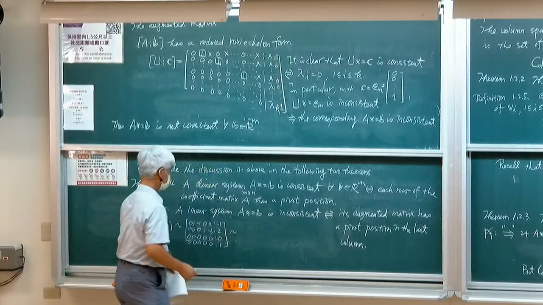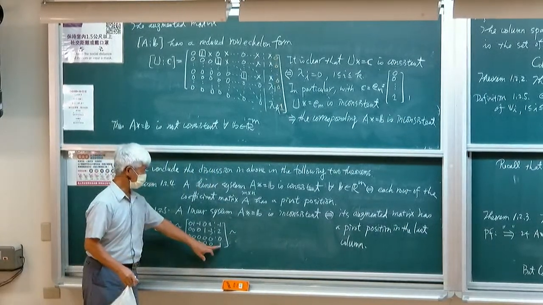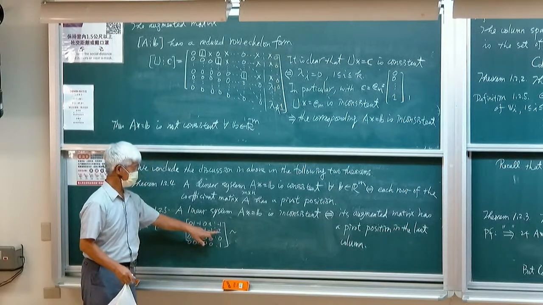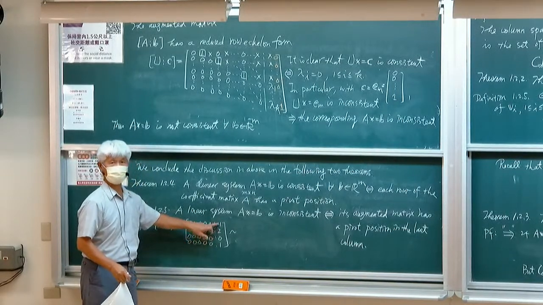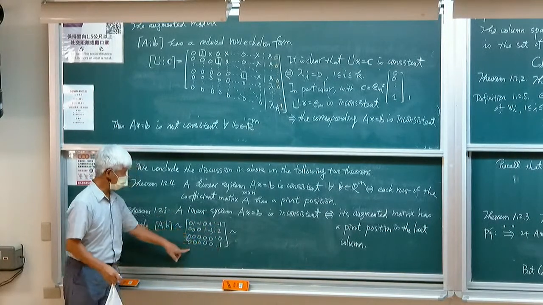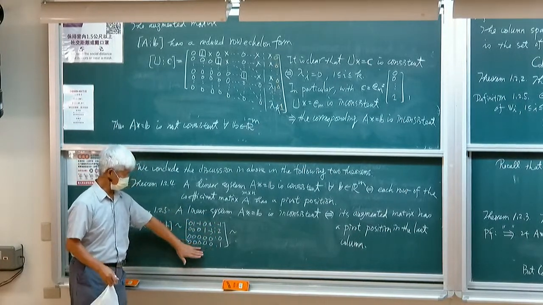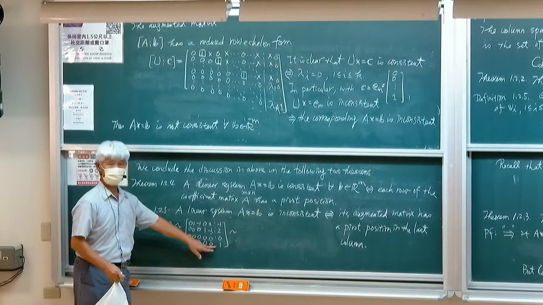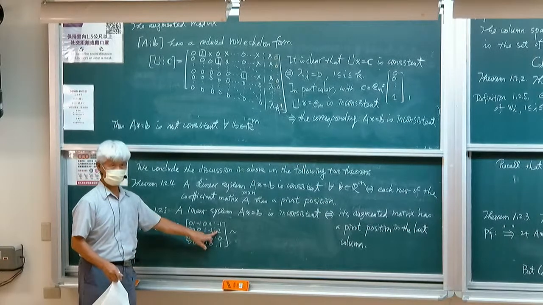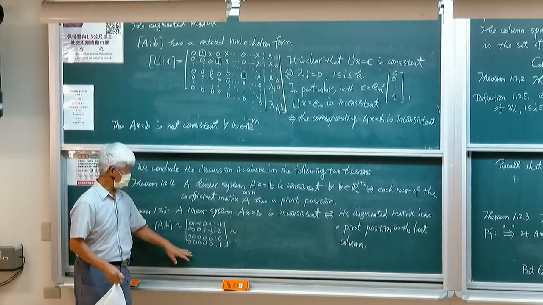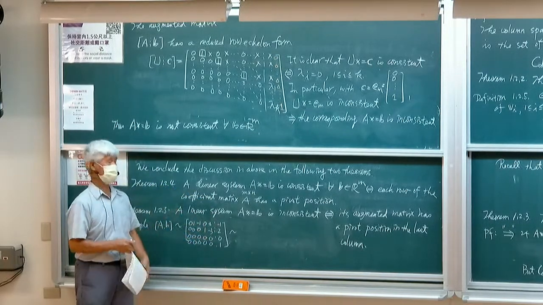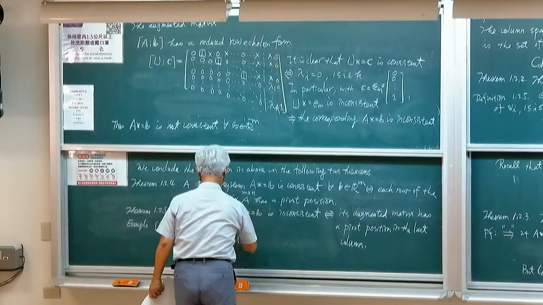Now we can do replacement to cancel these two non-zero entries. For example, you multiply the last row by -2 and add to the second row. You cancel 2. And then you add the last row to the first row. You cancel -1. So this comes to 0, 1.